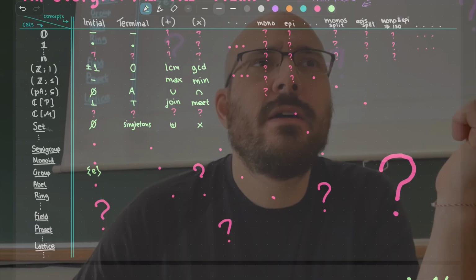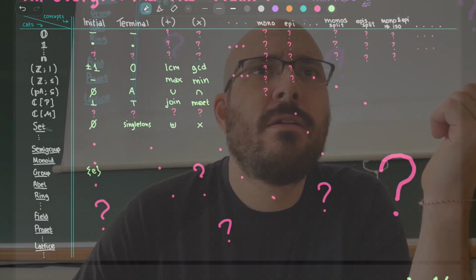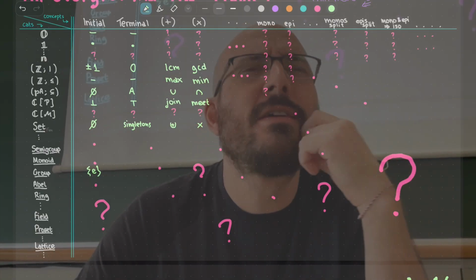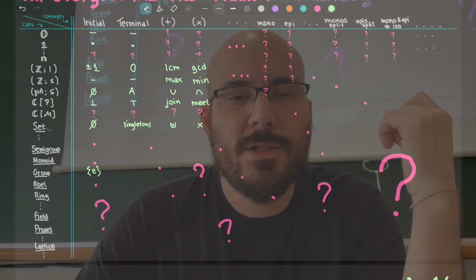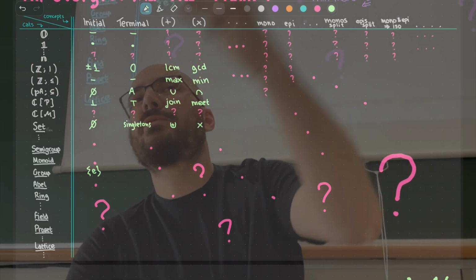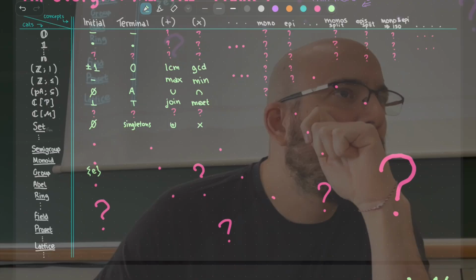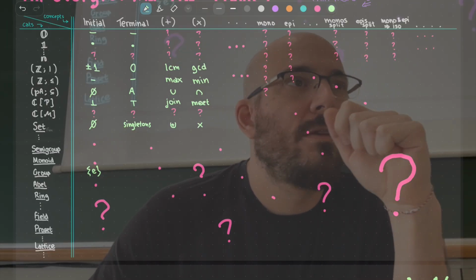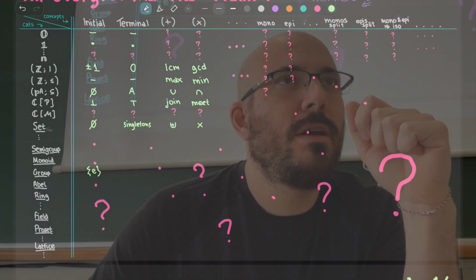What are the arrows here? Homomorphisms, yes, okay. Group homomorphisms. So is there a group that guarantees that from any other group you can find a homomorphism to this group? Yes? Is it every group? So you can just send anything to the unit?